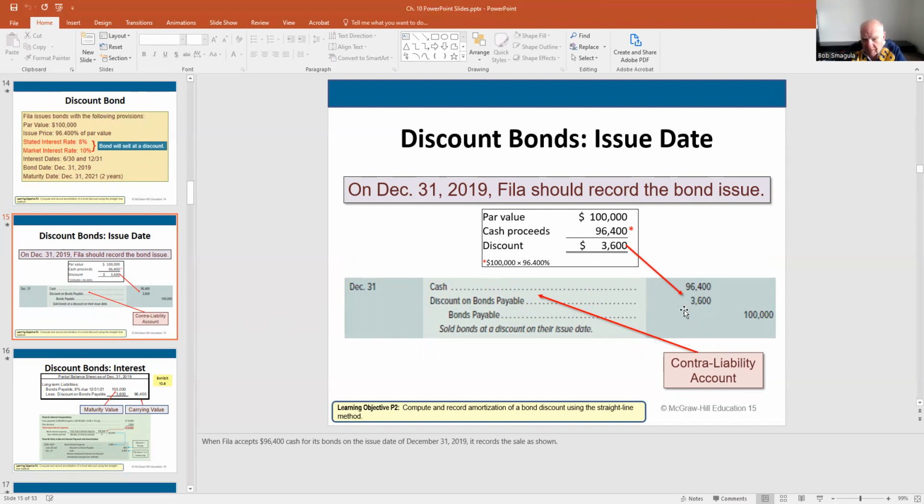We're going to debit discount on bonds payable, which is a contra liability account. And we're going to still have to pay back $100,000 in 2 years. So even though we only received $96,400 for our bond, keep in mind we still have to pay $100,000 at the end of 2 years, okay?